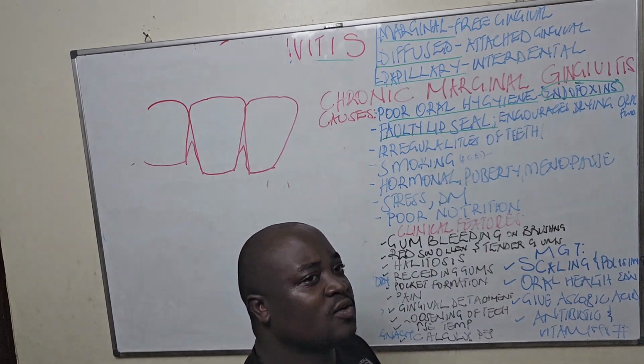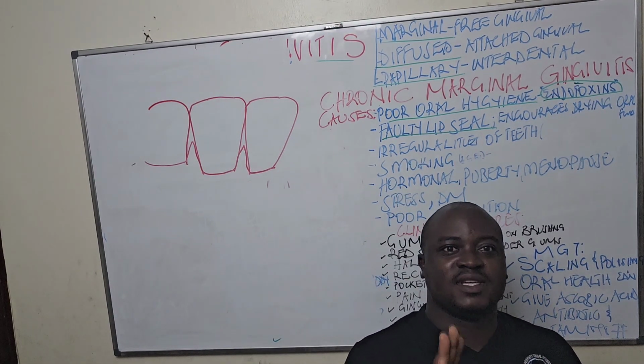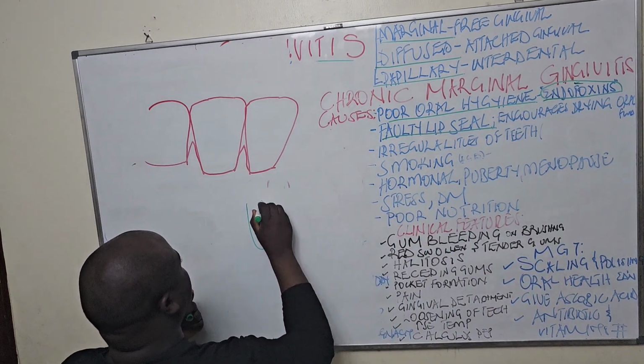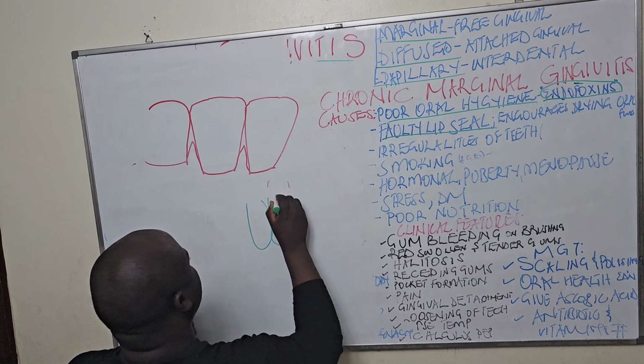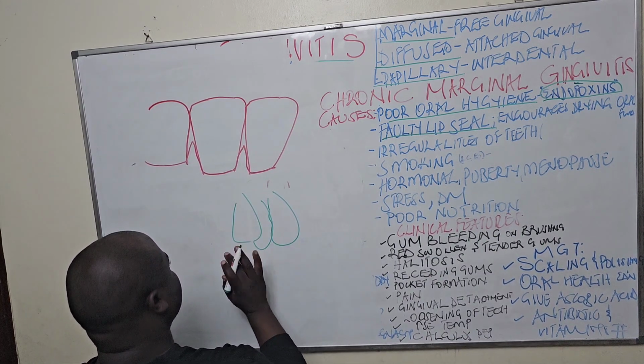Irregularities of teeth. We talked about teeth irregularities. There are some people who can have crowded teeth. You find a tooth is there, another one is there, another one is there.